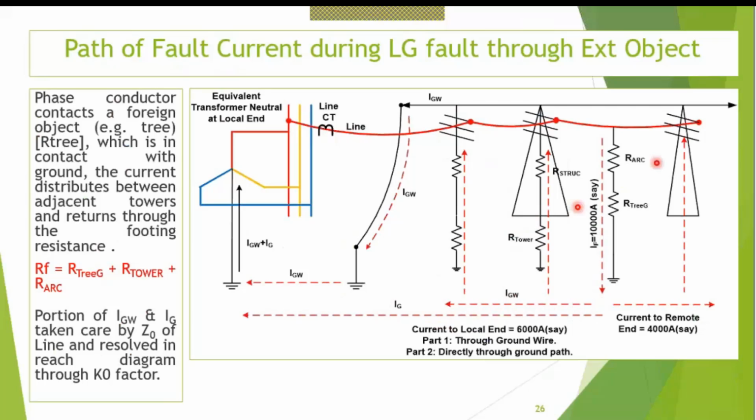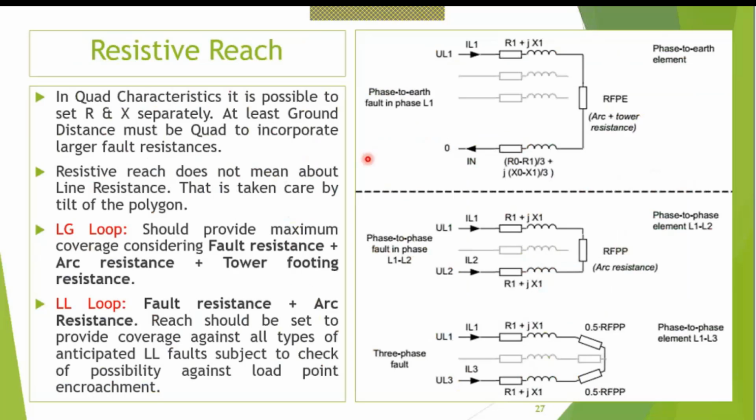The other part, these physical resistances that this current is encountering, the setting engineer has to take into account. These unknown impedances will be taken care of by the K0 factor in the ground fault scenario. The physical impedances, physical resistances have to be taken care of by the setting person. That is why we need to set the R thing like that.